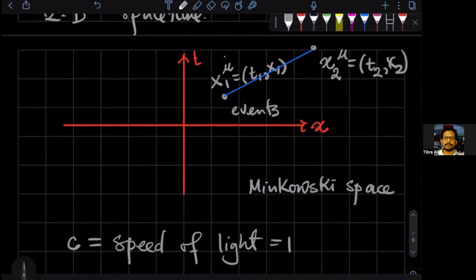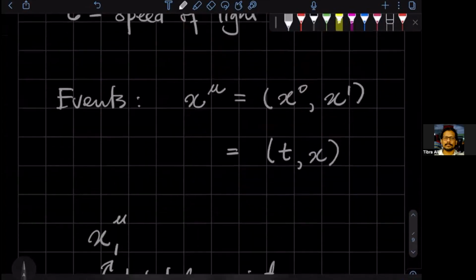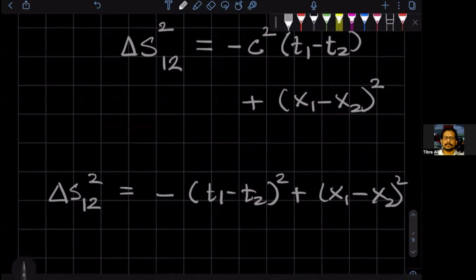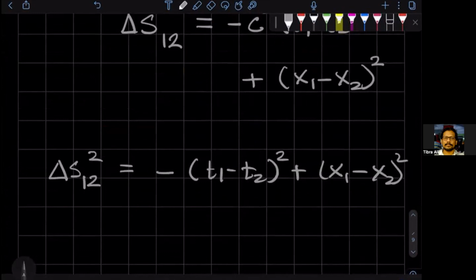Okay, so Minkowski was one of Einstein's teachers who died very young, and Einstein actually named this space Minkowski space. So Einstein had a teacher who was inspired to write papers based on his students' work. Okay.